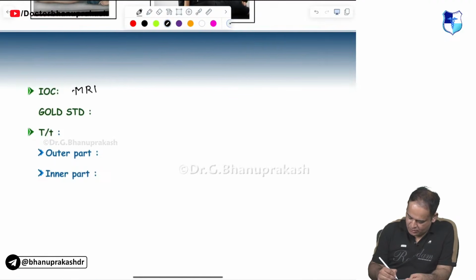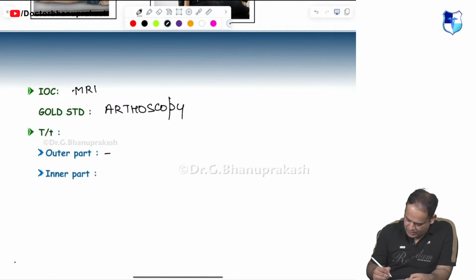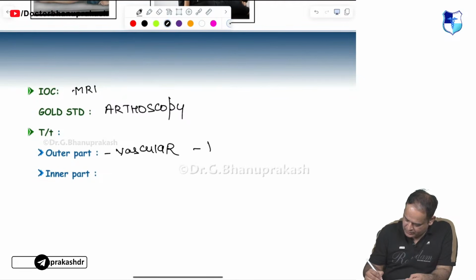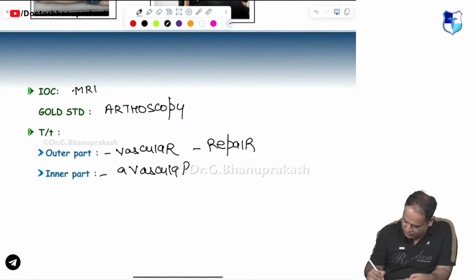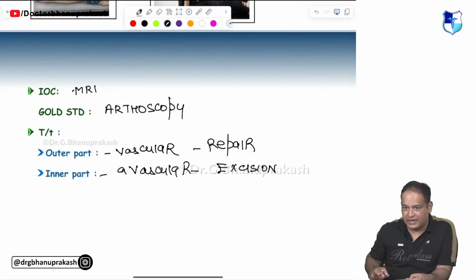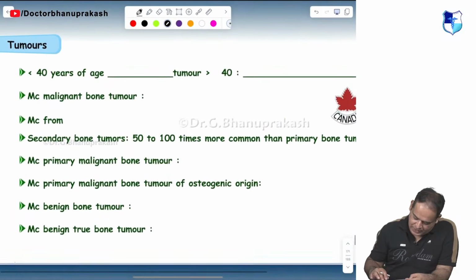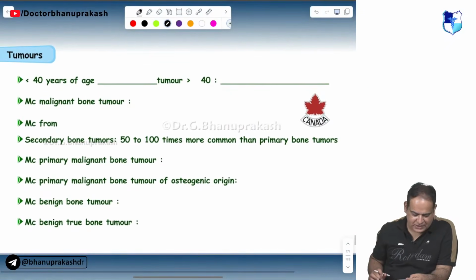MRI. Gold standard, arthroscopy. Now, treatment, outer part is vascular, so we will do the repair. Inner part is avascular, so we will do the excision. Right? That was about the meniscus.